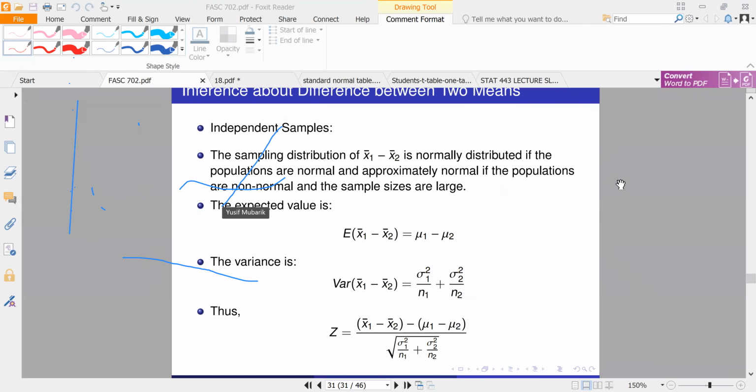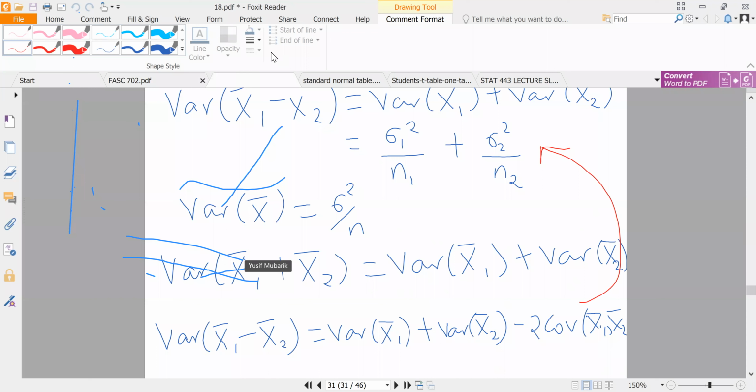The way Z is defined there, this is the statistic for the difference of means.